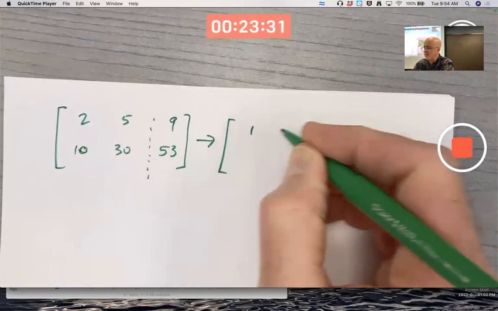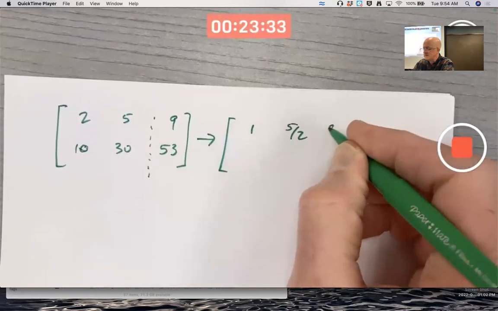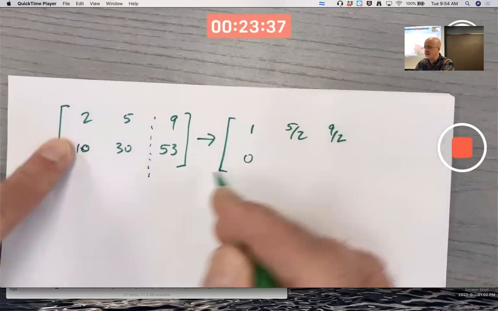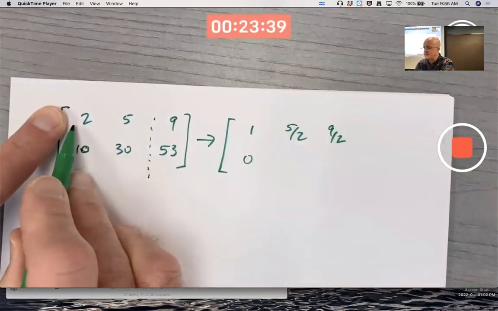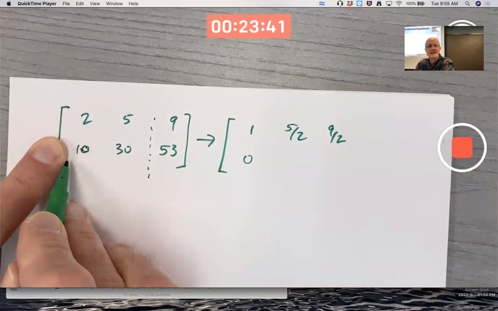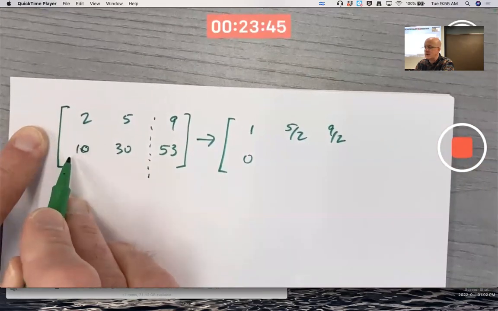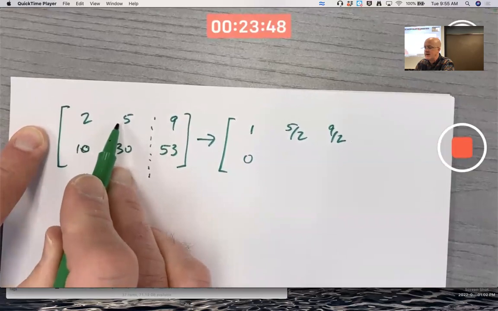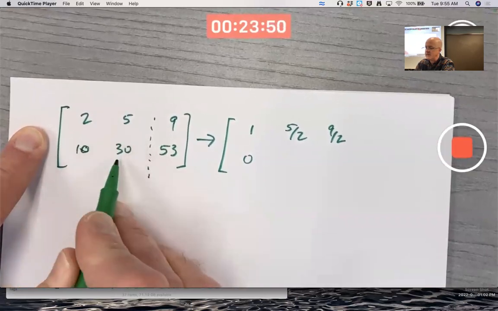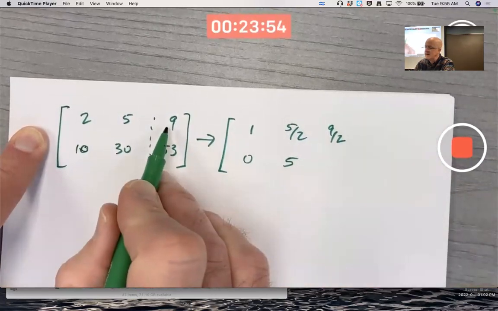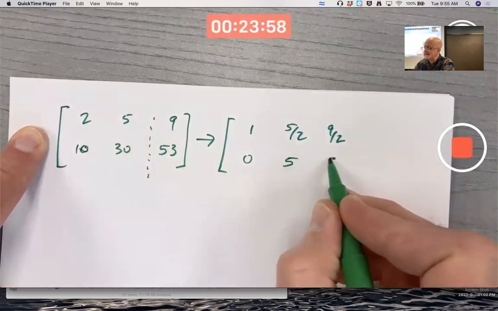Okay, divide the top row by 2. To get the second row, I'm trying to get a 0 there, so I can think about the first matrix here. Multiply this first row by -5 and add it to the second. 2 times -5 is -10, plus 10 is 0. 5 times -5 is -25, plus 30 is 5. 9 times -5 is 45, plus 53 is 8.